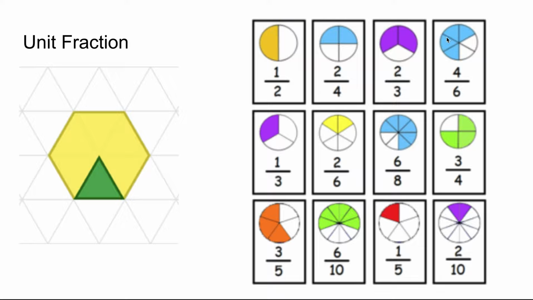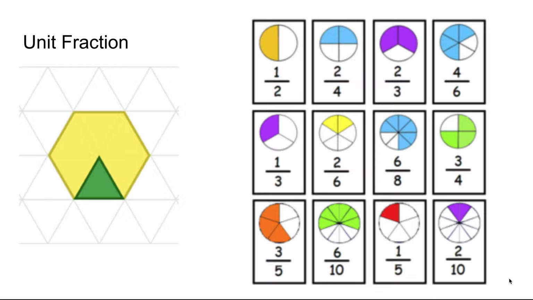And we see that here, 6 equal parts are in one whole. So we know only one part is the unit. Because we have 6 equal parts, this one part will be 1/6. That is the unit fraction. How many 1/6 are shaded? 1, 2, 3, 4 are shaded. So we call that 4/6. And so on and so on.